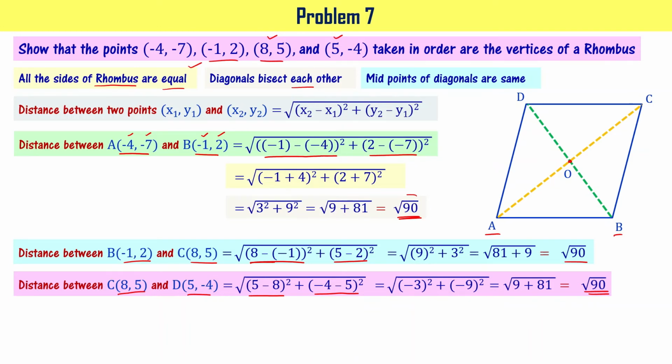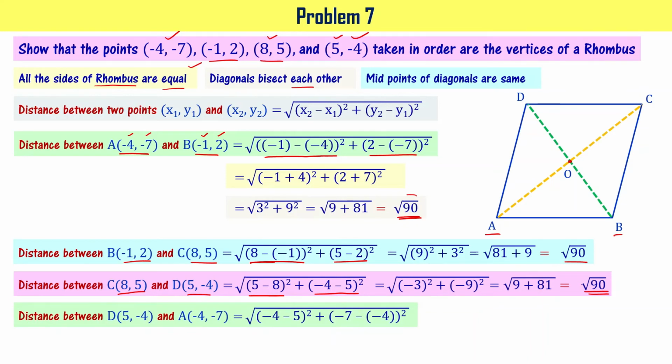The next pair we have is D and A. Let's say the distance between D, that is (5, -4), and A (-4, -7). I'm calling D as x1, y1 and A as x2, y2.